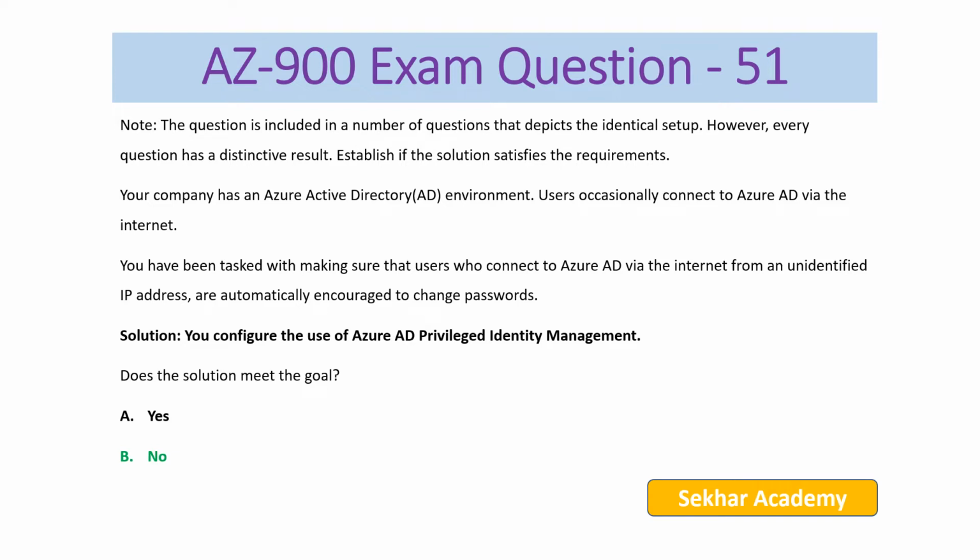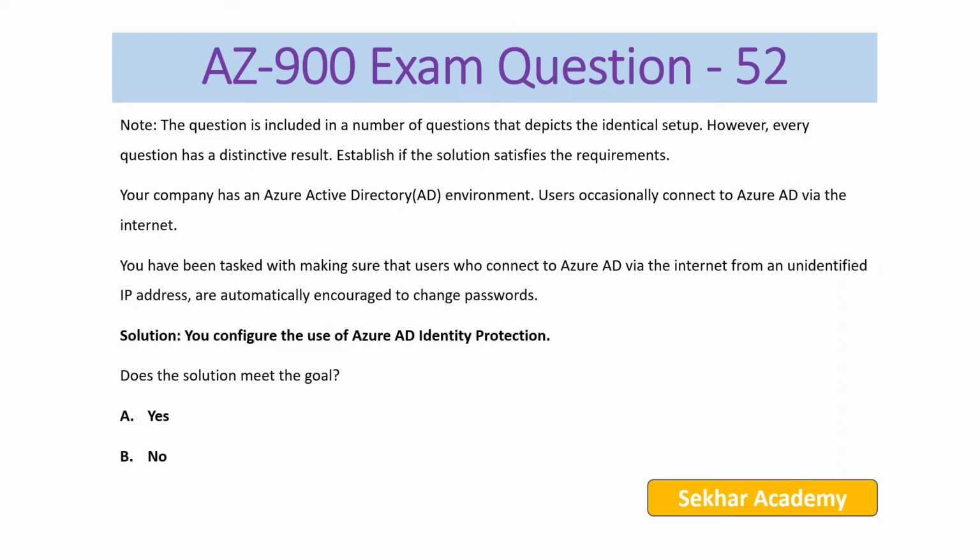It means that it is a time-based and approval-based authentication. Access role permissions are provided in Azure AD Privileged Identity Management. So the right answer is B.